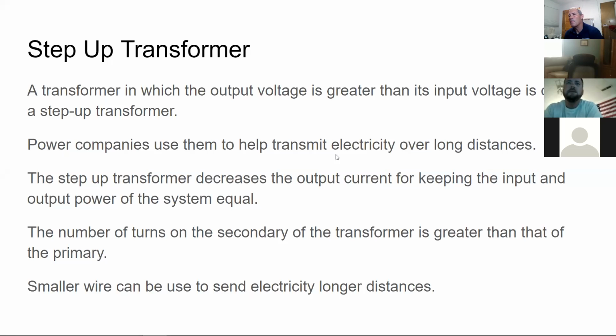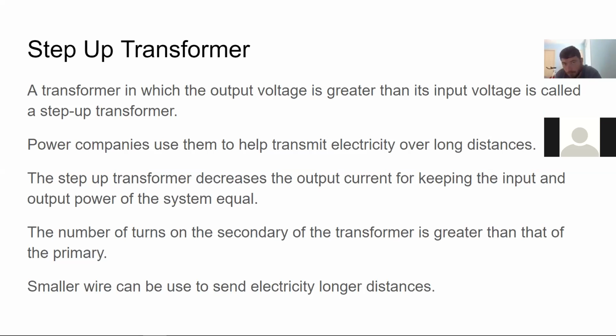All right, step-up transformer. It's a transformer in which the output is greater than the input voltage, called a step-up transformer. Our power companies use them to transmit electricity over long distances.